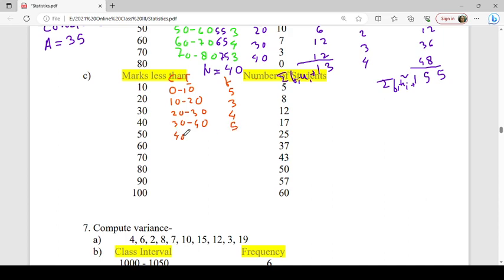In between 40 and 50, 25 minus 17, it is 8. In between 50 and 60, 37 minus 25, it is 12. In between 60 and 70, 43 minus 37, it is 6.